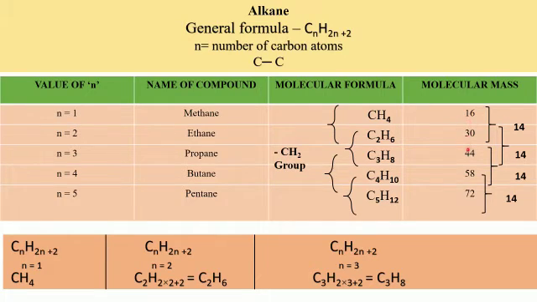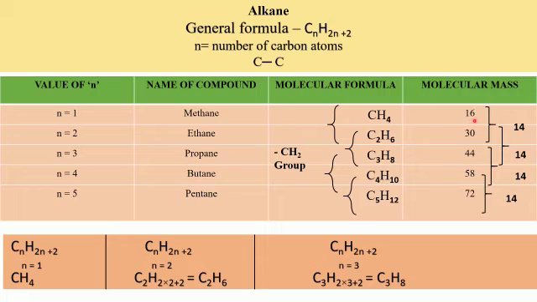If we see the molecular mass between any 2 consecutive members, you can take again. So if we take, for example, methane and ethane, there is a difference of 14. So molecular mass of any 2 adjacent members differs by 14. 16 plus 14 will give you 30. That is the molecular mass of the next member, that is ethane. And if you subtract 14 from 30, you get the previous member, that is 16.